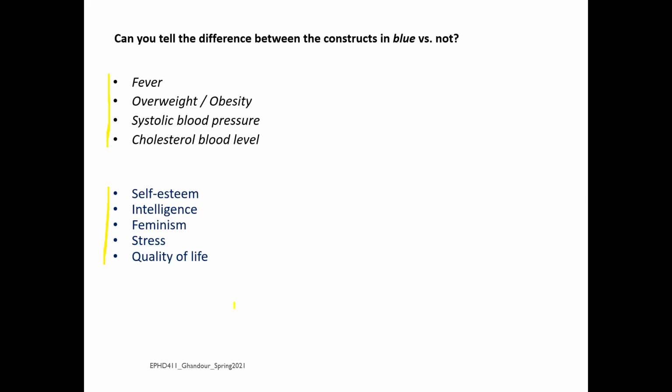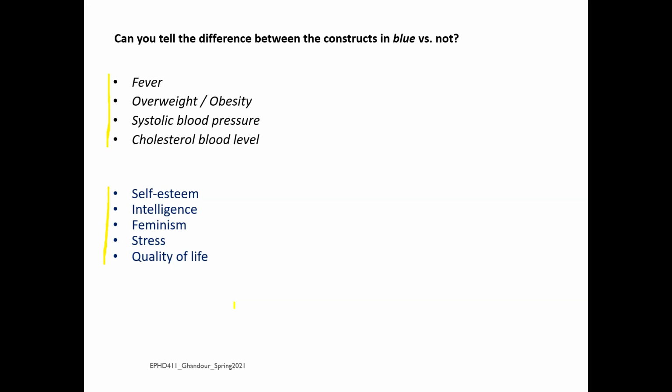If I want to assess the cholesterol level in one of you, I can take a blood sample, look at the cholesterol, and I know that the cutoff is 200 milligrams per deciliter. Everything higher than 200 milligrams per deciliter, I say this person has high cholesterol. But how can I know if this person has low or high self-esteem?